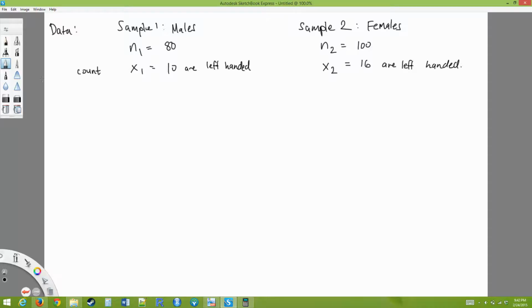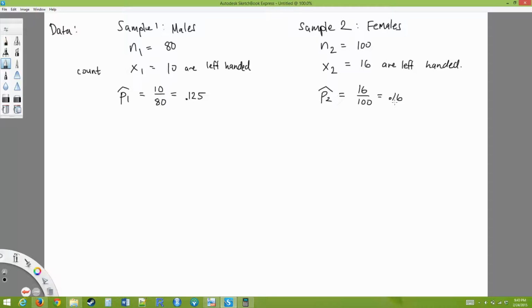Does this provide evidence? For the males, what is the proportion who are left-handed? P hat 1 would be 10 divided by 80. If you divide it out, you get 0.125. P2 hat is 16 out of 100, which is 0.16.